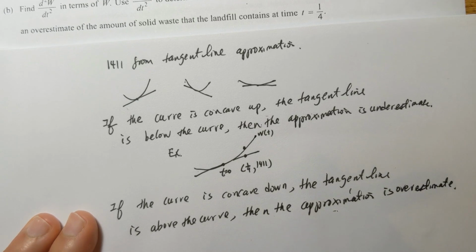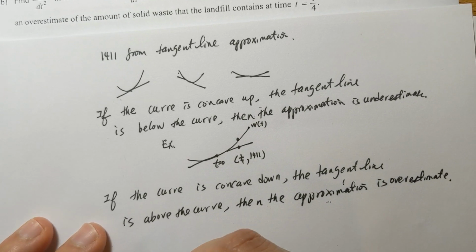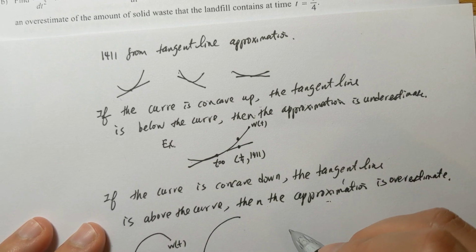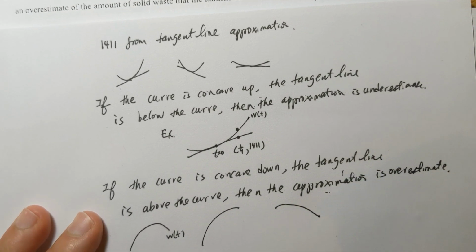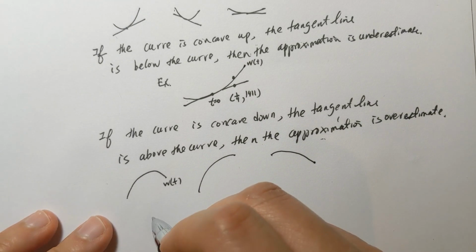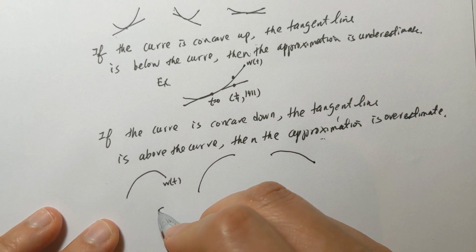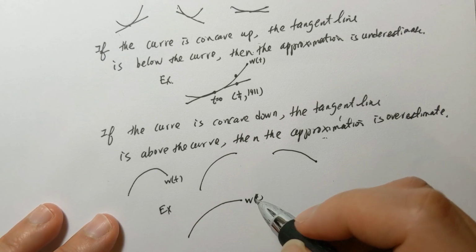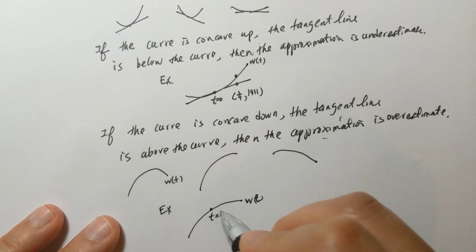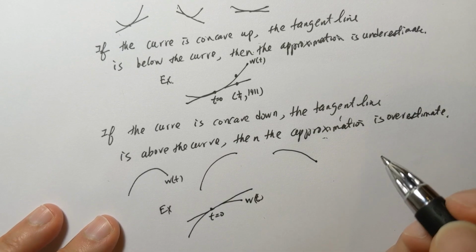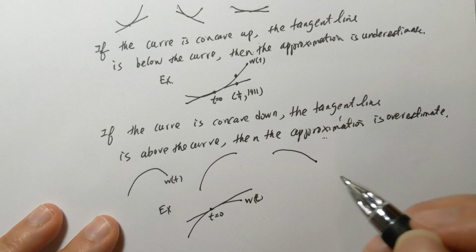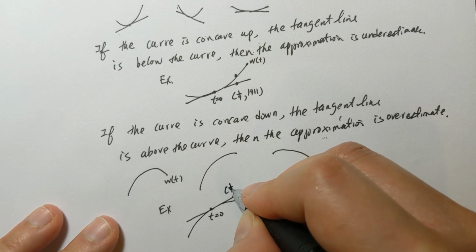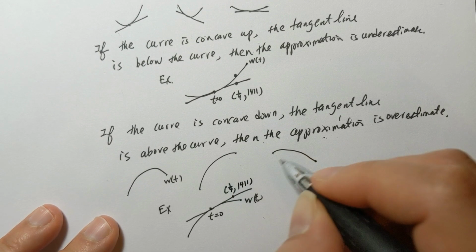At this moment we don't know how the W looks like, so it could look like this or this, we don't know. For example, if this is a W(t) that is concave down and this is t equal to 0, then the tangent line looks like this, and here it's going to be 1.4, comma 1.4, 1.1.